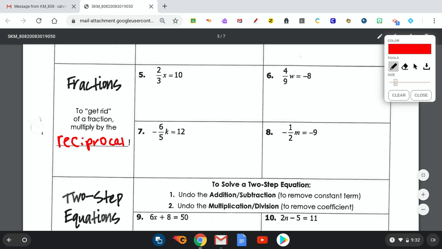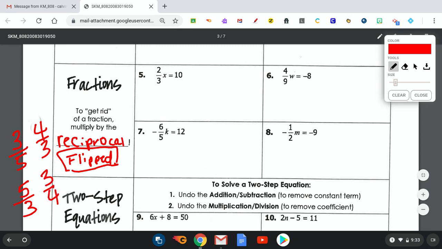The reciprocal means it's flipped. So if I have a fraction 3/5, its reciprocal is 5/3. It's just flipped. If I have 4/3, the reciprocal is 3/4. So again, it's just flipped.